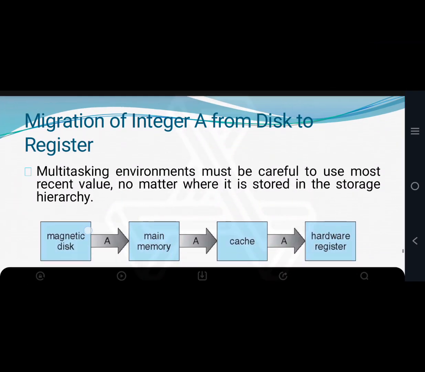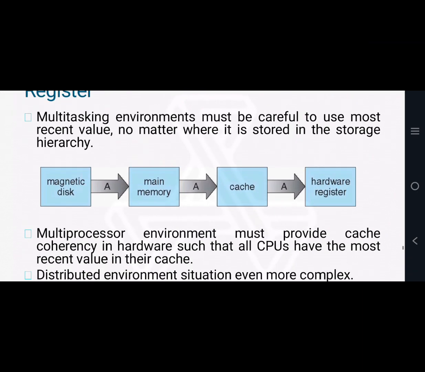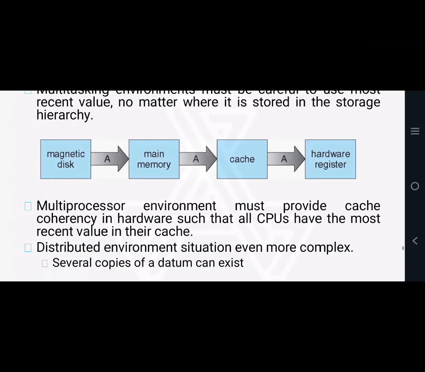Migration of an integer from disk to register. Multitasking environments must be careful to use the most recent value, no matter where it is stored in the storage hierarchy: magnetic disk to main memory to cache memory to hardware registers.